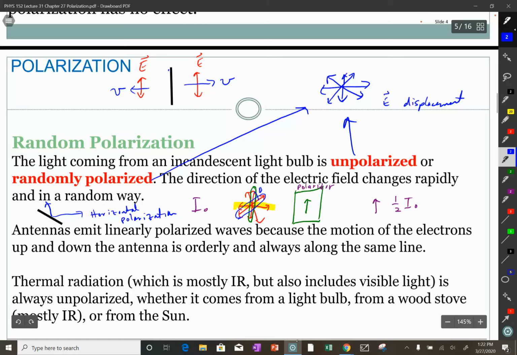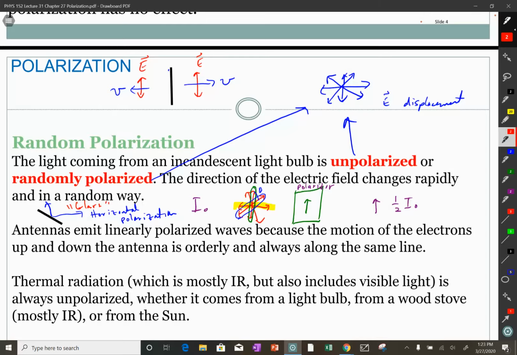And so you have what we call glare, light that's reflected off of a surface. If it's a surface that is like this, like let's say the back window of the car in front of you, then it's going to be horizontally polarized. So if you wear sunglasses that only allow vertical polarization through, all of that glare is going to be blocked.